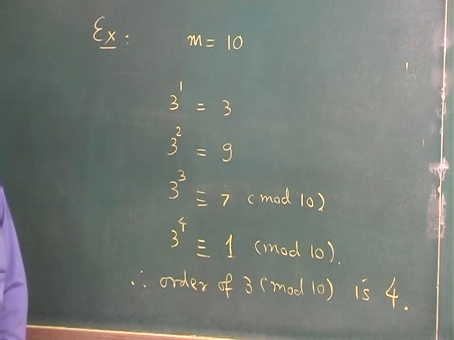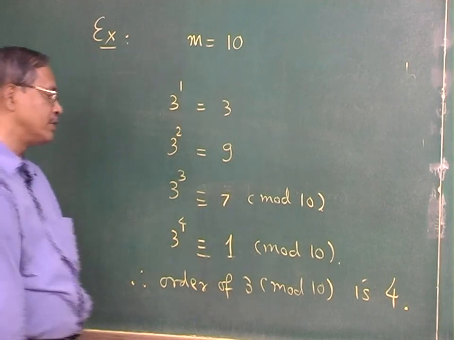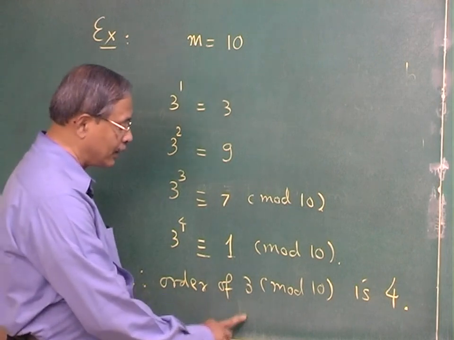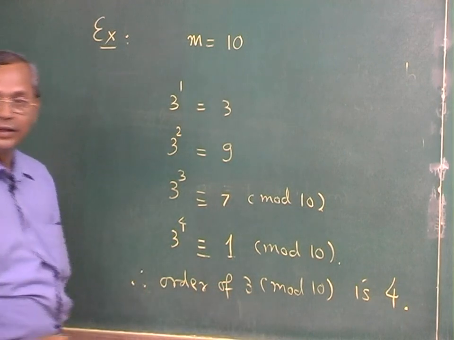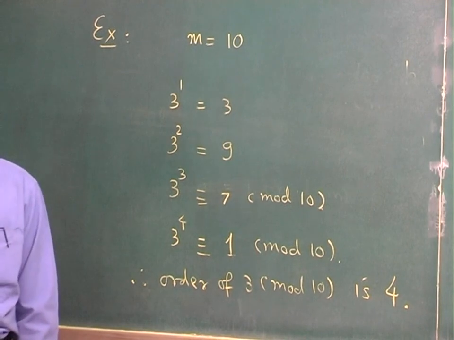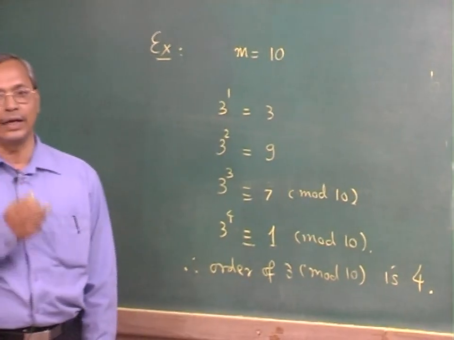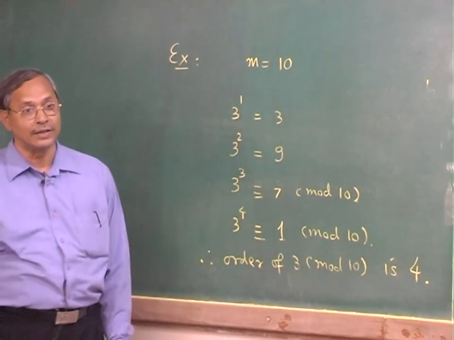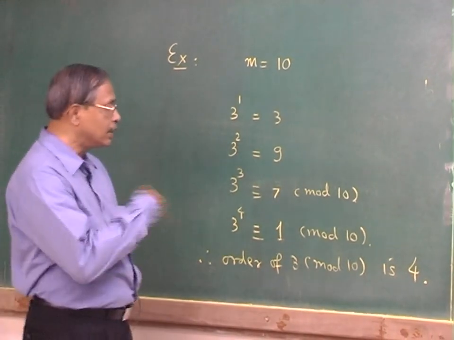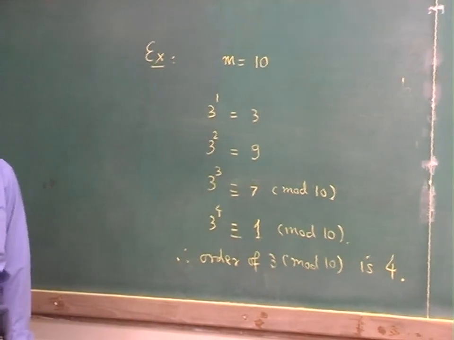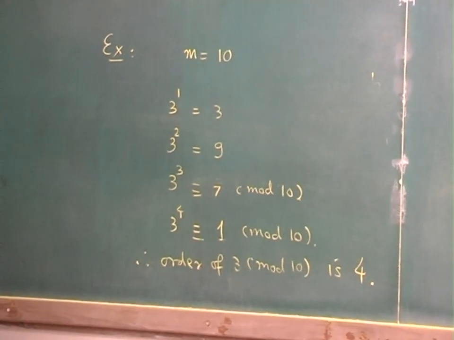Any number congruent to 3 mod 10, if you consider it, its order is going to be this number. So if I consider, say, 13 instead of 3, that positive integer belongs to the same residue class. What is its order? It is the same as the order of 3. 3 and 13 belong to the same residue class mod 10. So these are orders of elements, but these are actually orders of residue classes. That is to be understood here.